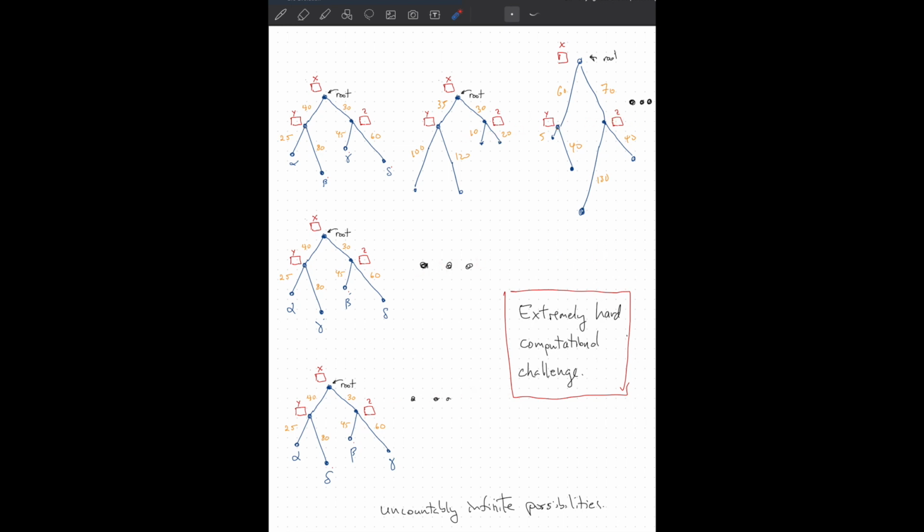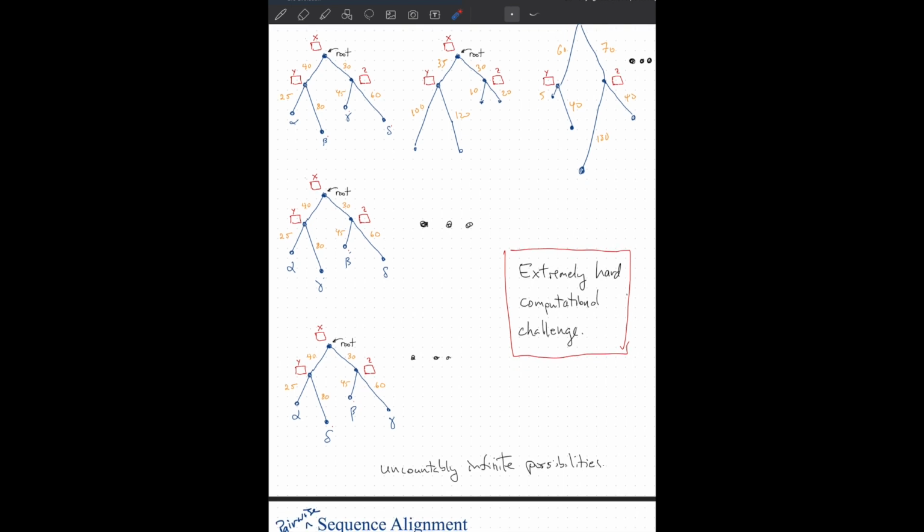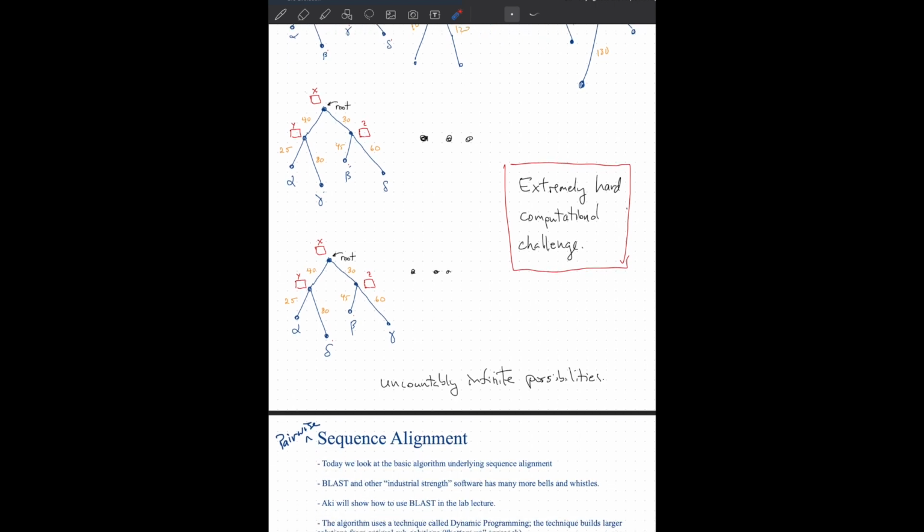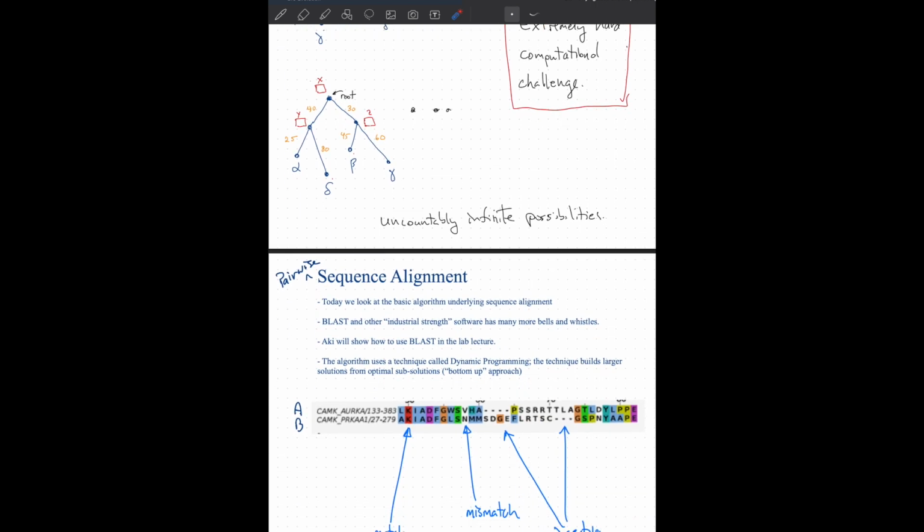So how do you find the maximum likelihood tree? You would have to look over all of these possible scenarios, and there still to this day is no real efficient way of finding that. It's provably a hard problem in computational terms, but there's a lot of good software out there with good heuristics that does a pretty good job of finding good maximum likelihood trees.